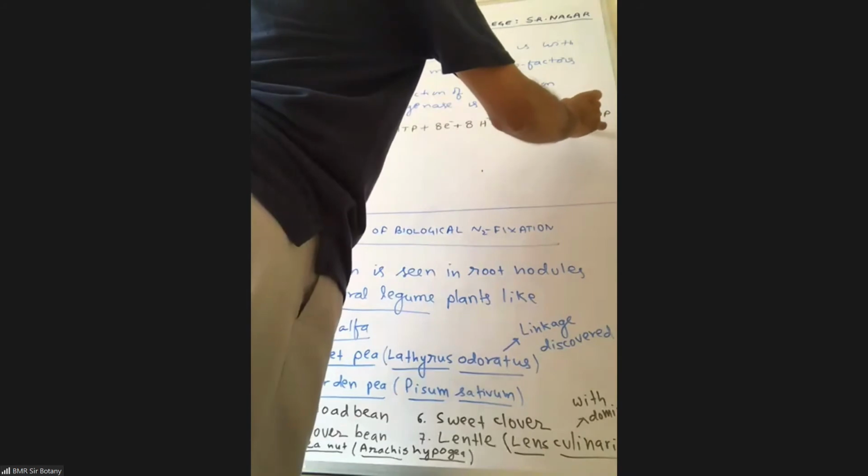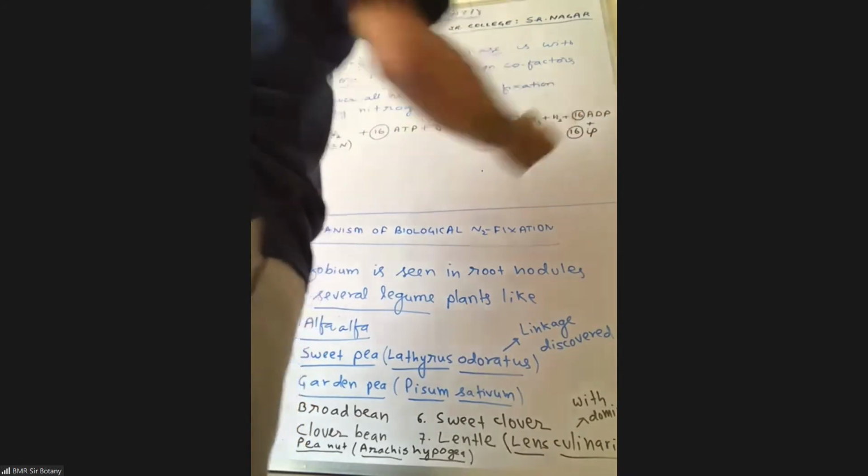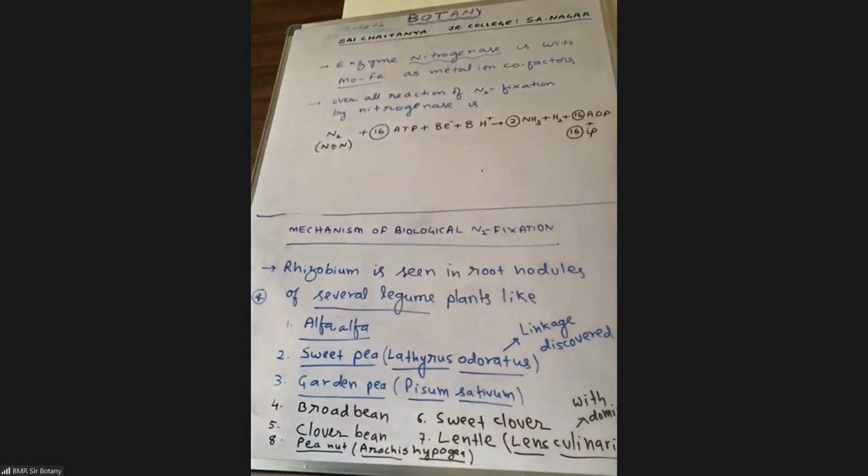Of course, 16 Pi. What does Pi mean, Nana? Inorganic phosphate. Yes, sir. So ATP is literally split into ADP and inorganic phosphate.